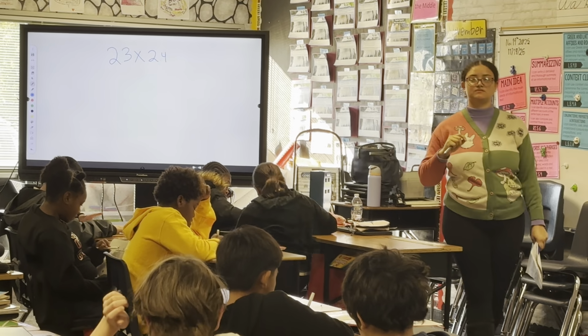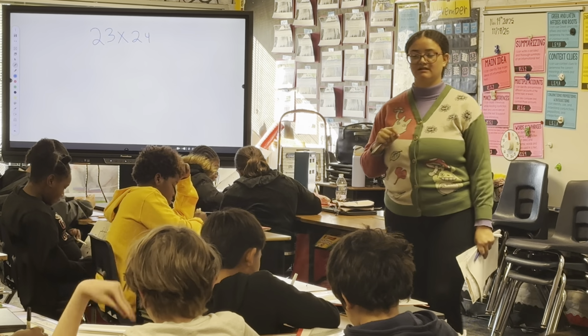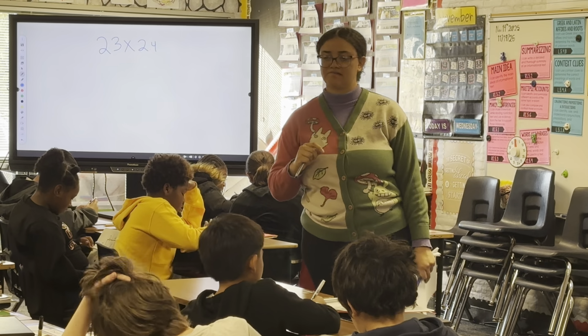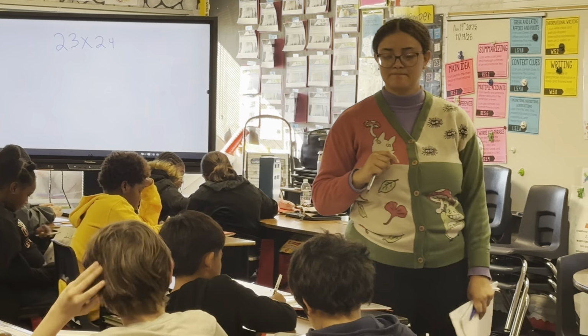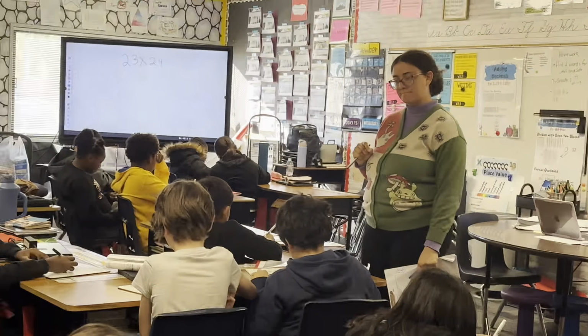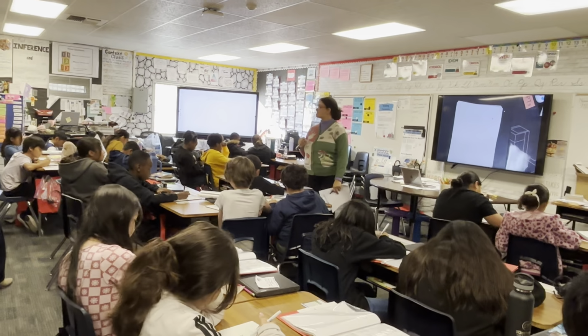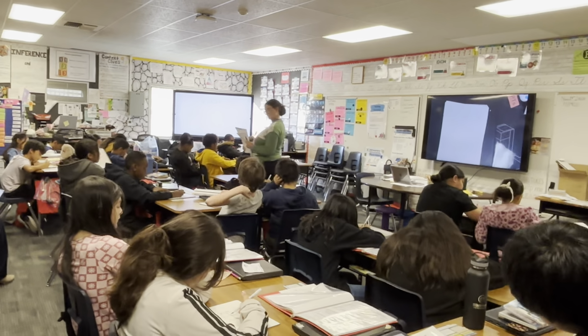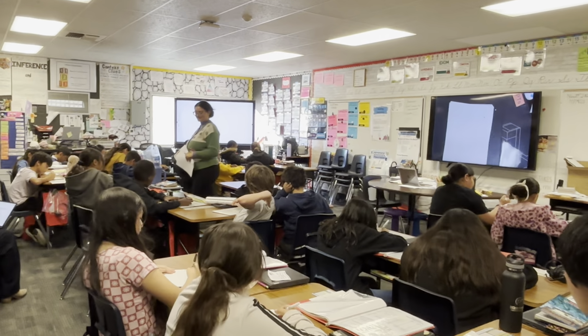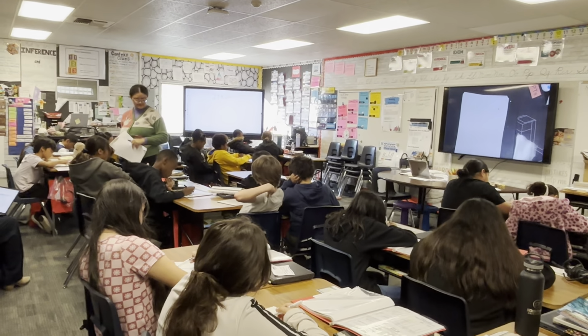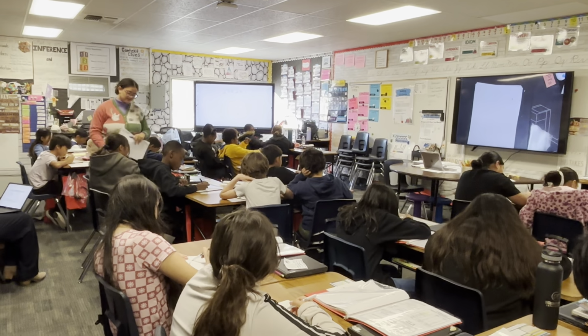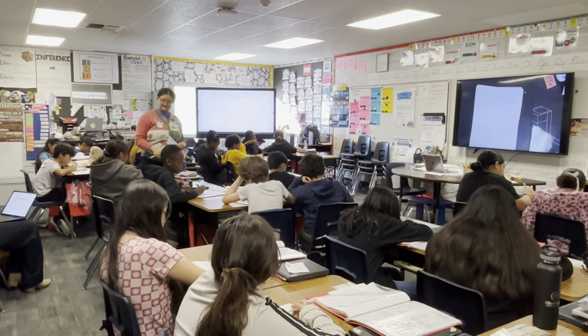Don't forget your decimals. Those are very important. Good job. That's great. Line them up. Now you put them on the inside. Did it help you better to put them on the inside? Yeah.